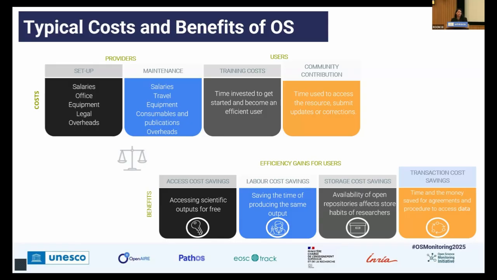And also, the fact that these resources provide data that are integrated in an open, free platform, they also save storage costs because they do not have to collect data and put it on a closed system and pay for this system. So we basically distinguish these benefits in 4 types.